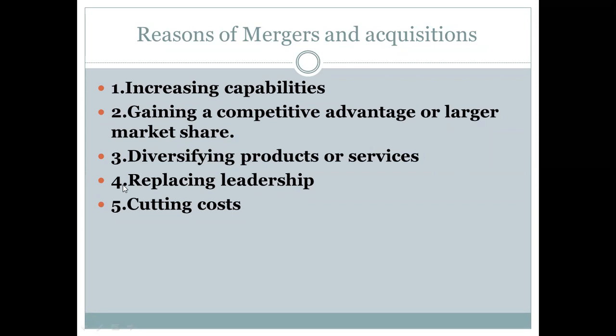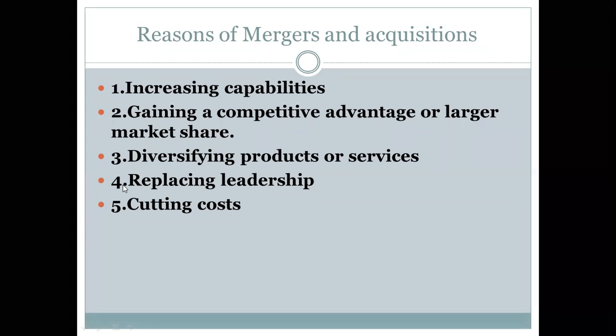Whenever any firm or organization does not have an efficient leader who will lead the organization and produce a good number of goods and services, the merger and acquisition process is done for replacing the leadership quality.